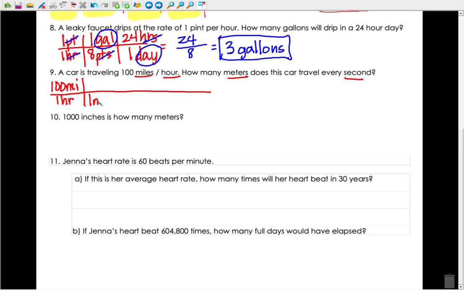1 mile, this is going to be a long one, so prepare yourself for this, is 5,280 feet. One foot is 12 inches.